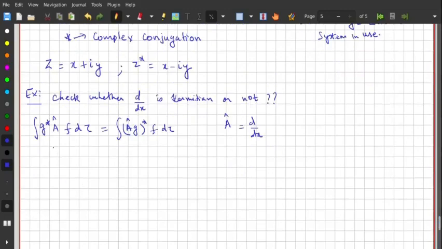Let's take the left hand side of this. The LHS becomes the integral of g star df/dx, and let's do it in one dimension, so d tau becomes just dx.